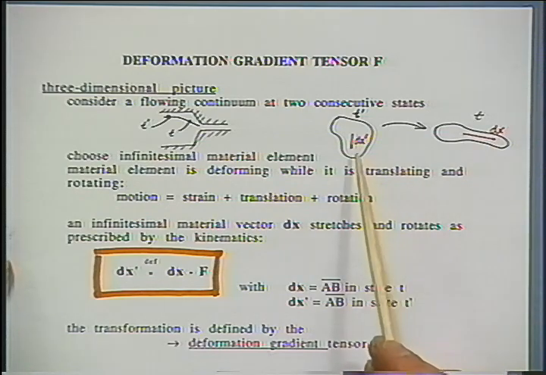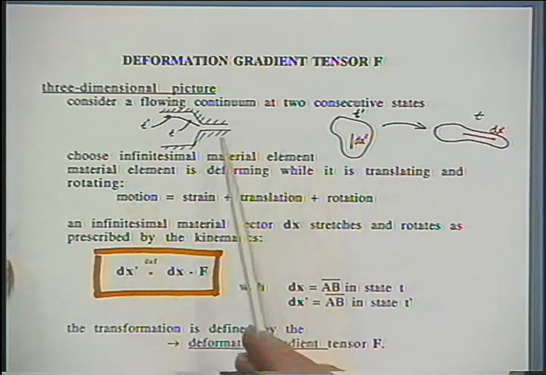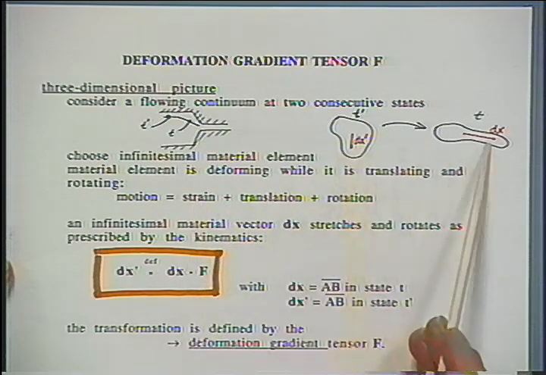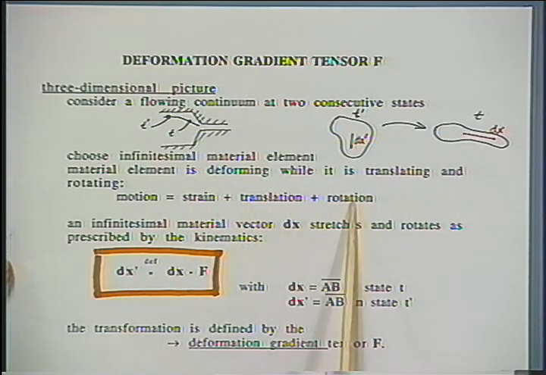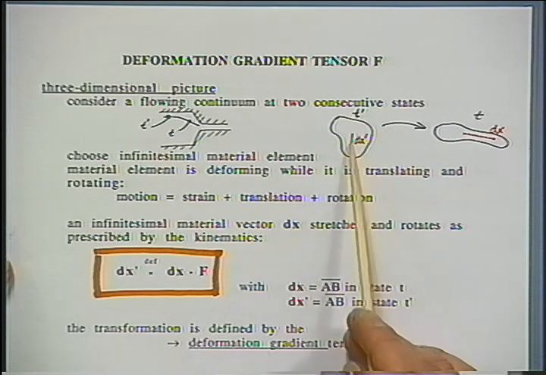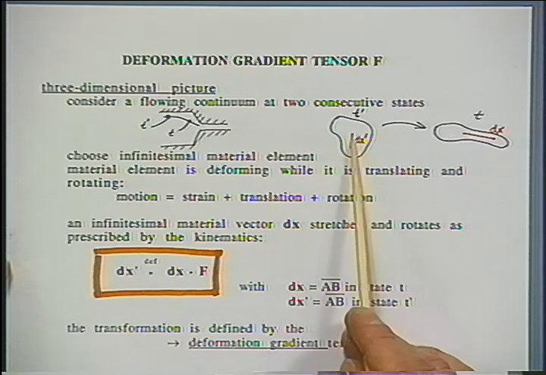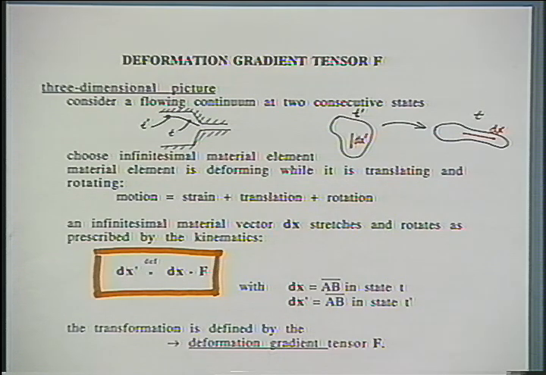Now, from before, we know that the motion of this material element incorporates a strain that will change this line here, but also translation and rotation. Now, when we describe this material line with a vector, then the position of that vector, whether you have a vector here or there, does not matter in its mathematical formulation.